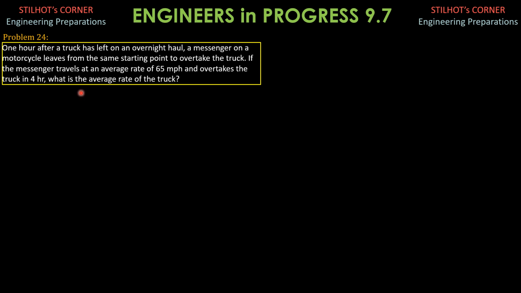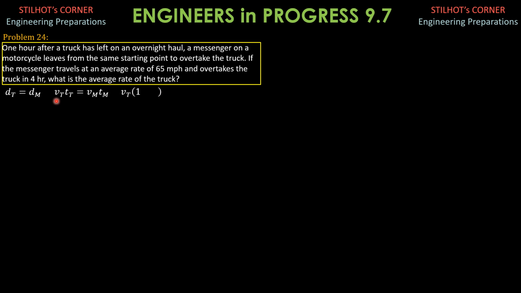So distance of the truck is equal to distance of the messenger. They only differ in the travel time. So the travel time of the truck is 1 plus 4 hours, while the travel time of the messenger is just 4 hours. The speed of the truck, let's call it V, the unknown. So V of the truck times travel time of the truck equals speed of the messenger times travel time of the messenger.